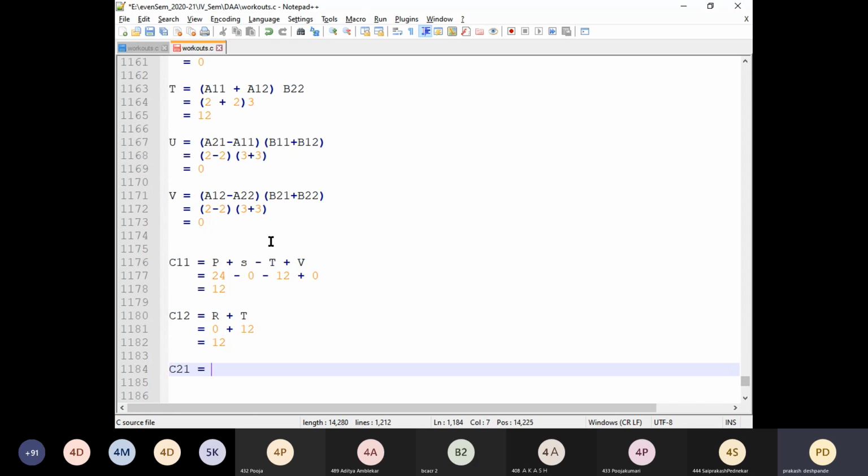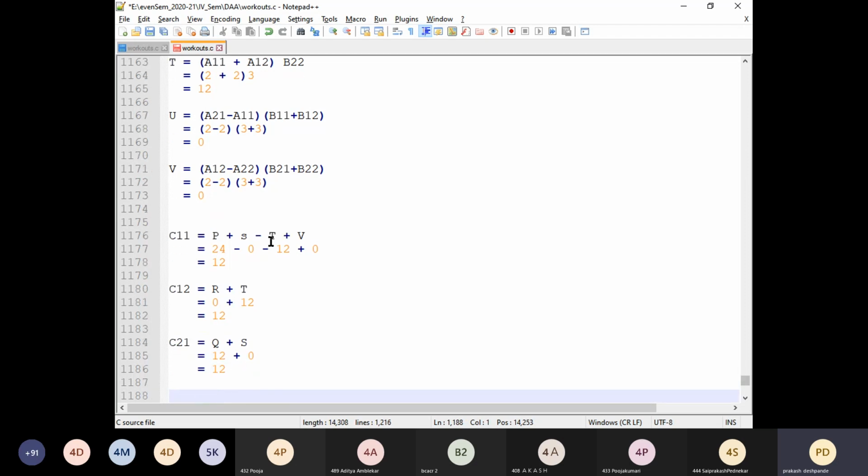Can anyone tell me the formula for C21? Q plus S. So Q value is 12, plus S value is 0. So you get it as again 12. The last one, C22. C22 is equal to P plus R minus Q plus U.